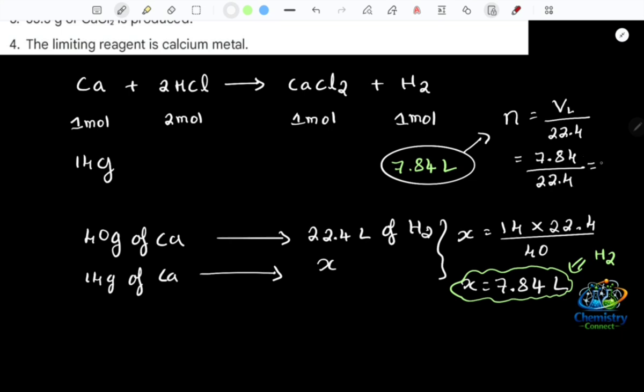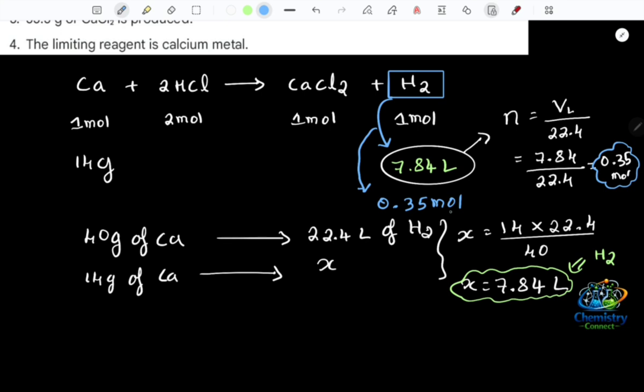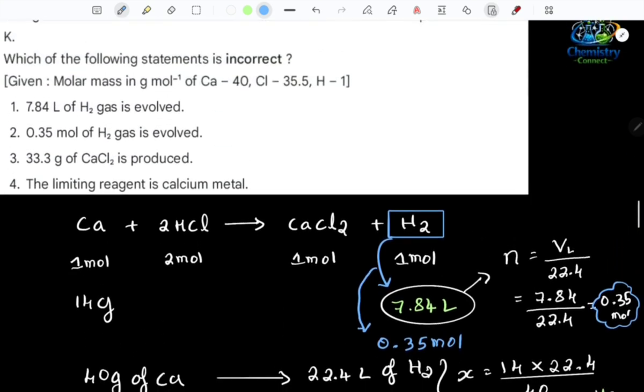If you do the calculation, the answer is 0.35 moles, because it is the number of moles. So hydrogen gas is 7.84 in liters and 0.35 in moles.